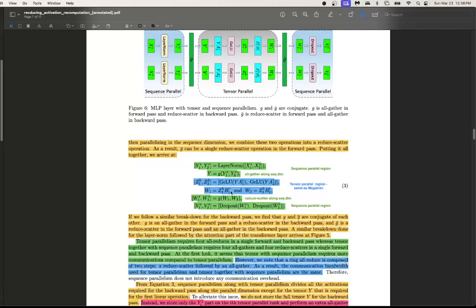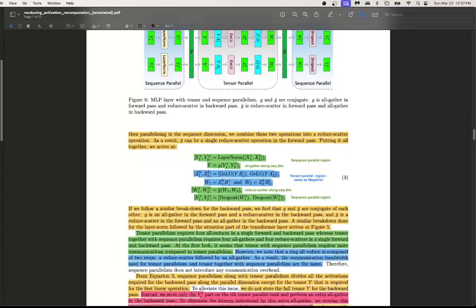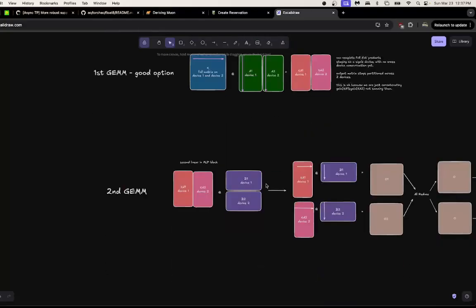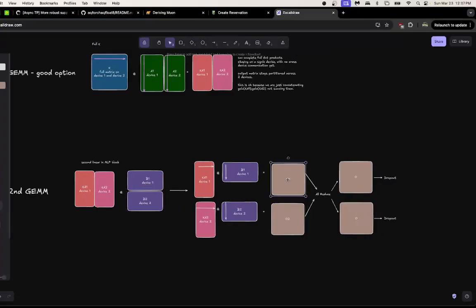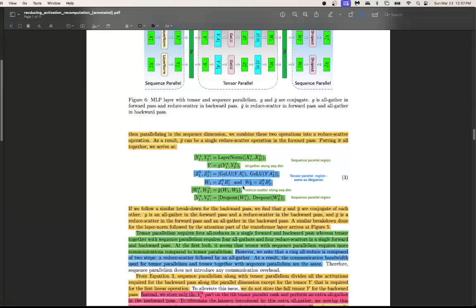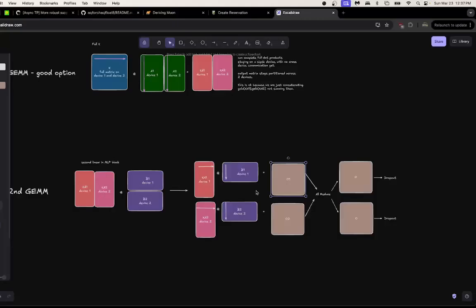And then finally, after GELU, we go through our second linear layer here. This one's B matrix is partitioned row-wise, just like in Megatron, right? And we now have our W1 and W2 activations, which are here. And then here's where the difference is. Again, we do reduce scatter along the sequence dimension.